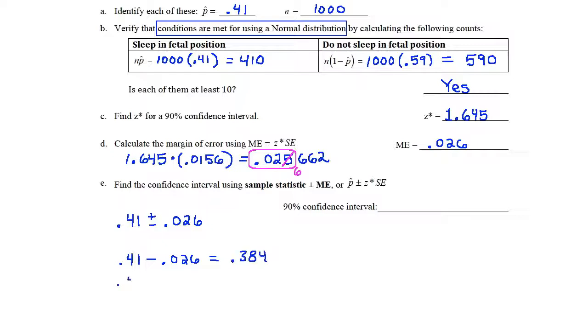And for 0.41 plus 0.026, I get 0.436. So that my interval starts at 0.384 and goes up to 0.436.